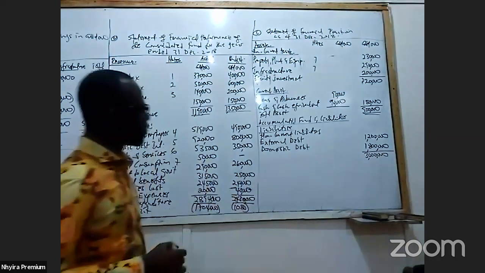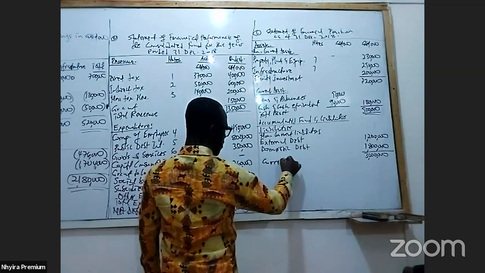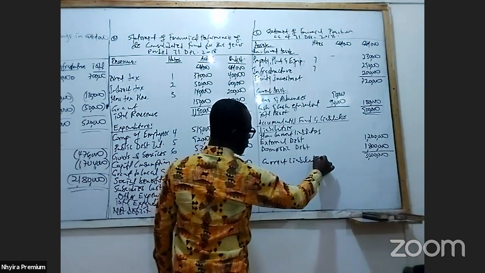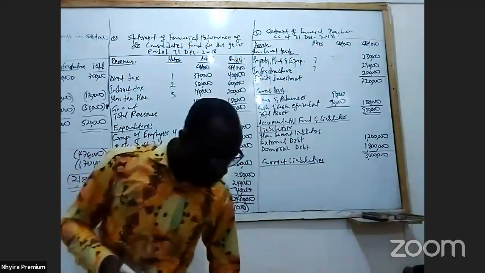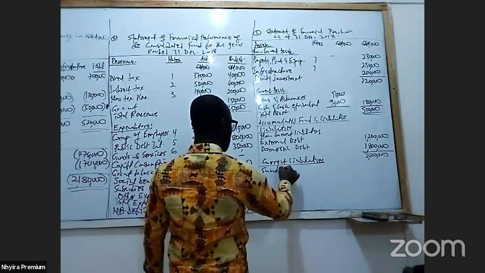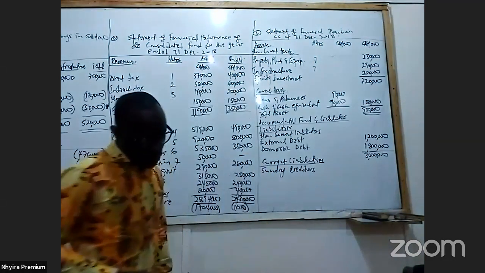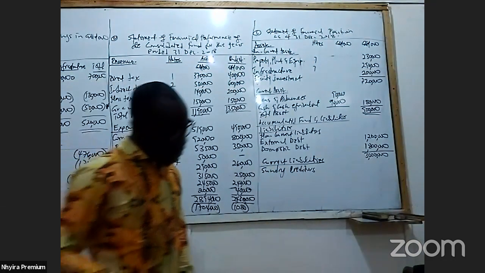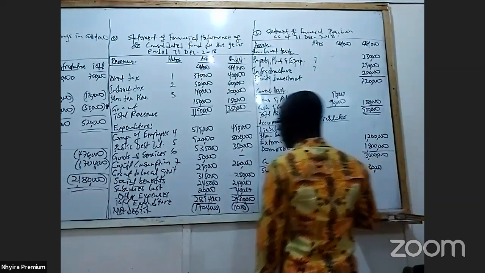And we bring the current liabilities. In the current liabilities, we have sundry creditors, and that is going to be 80,000 in that case.